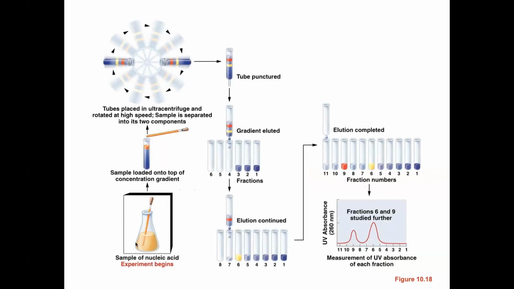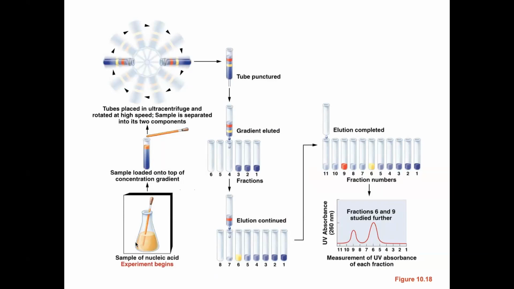So how do you do that? Well, typically it's again a process of centrifugation, and the centrifugation is such that you're using a liquid substance of a heavy metal salt, cesium chloride.